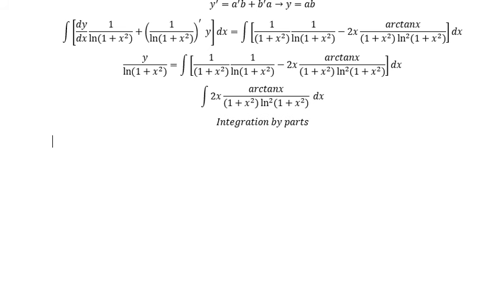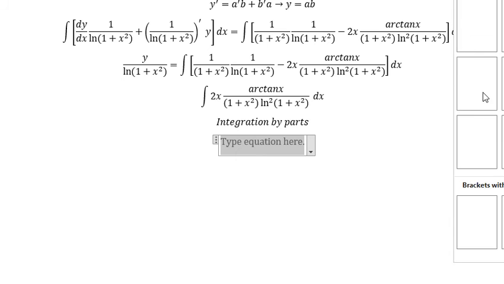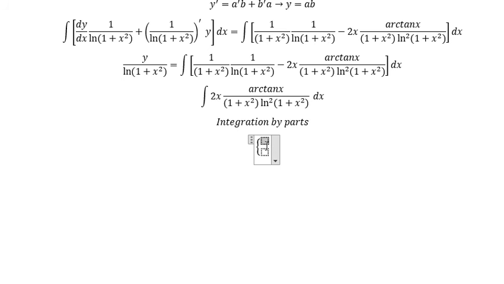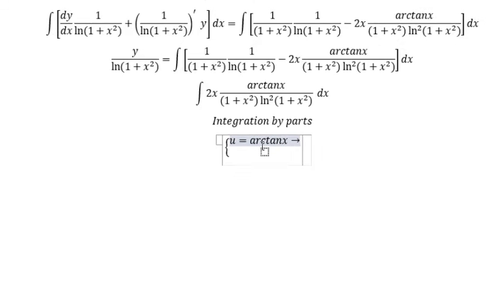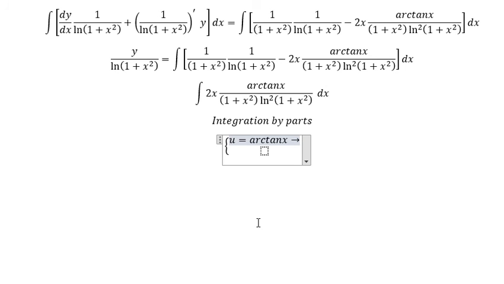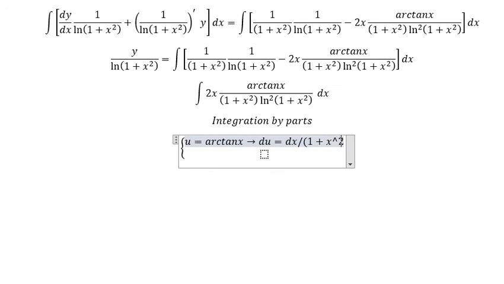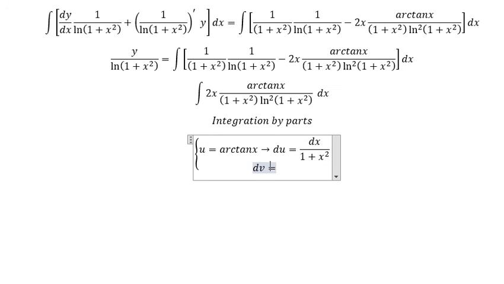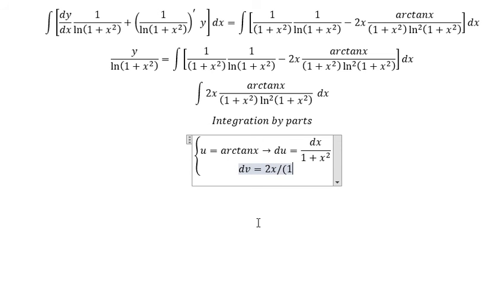So I will put u equals arctan of x. Later we take the first derivative of both sides. For dv we have 2x over 1 plus x squared, and we have ln of 1 plus x squared to the power of 2.